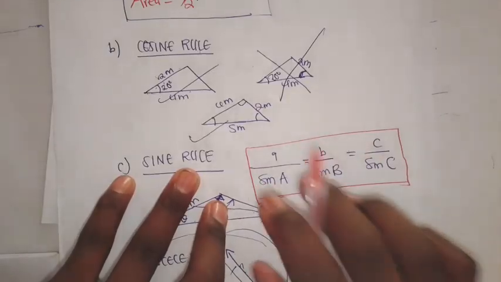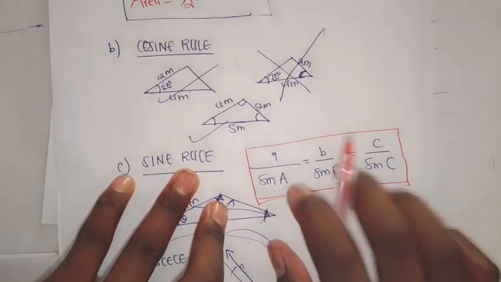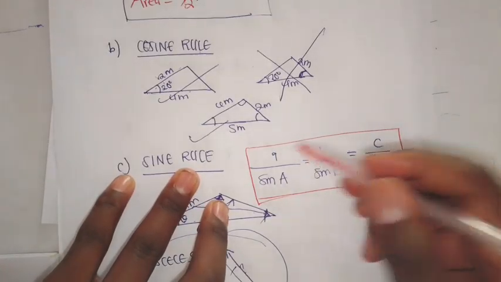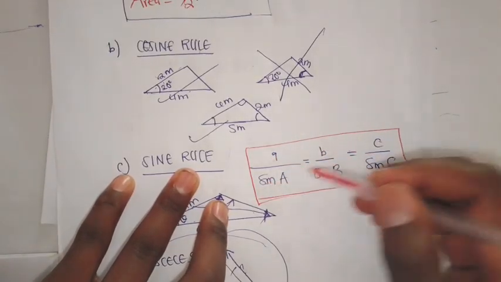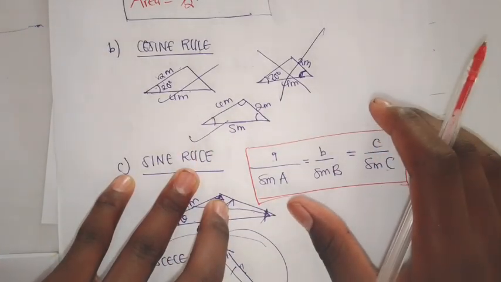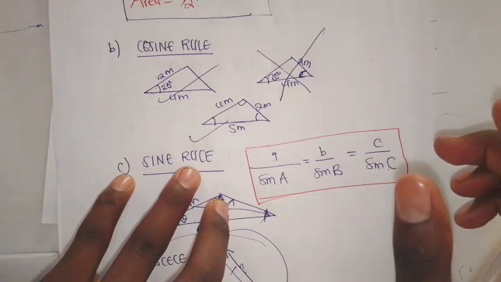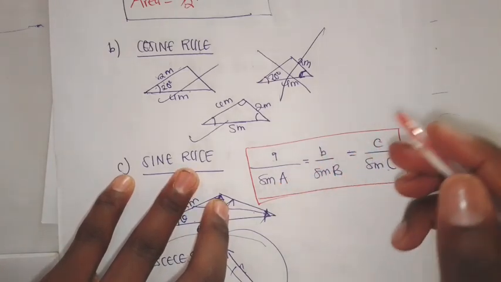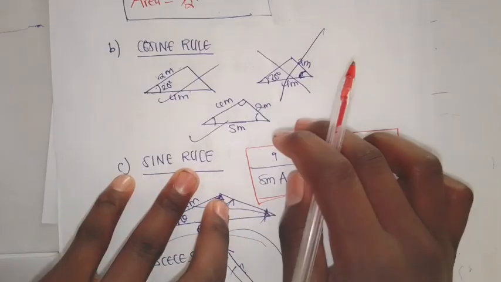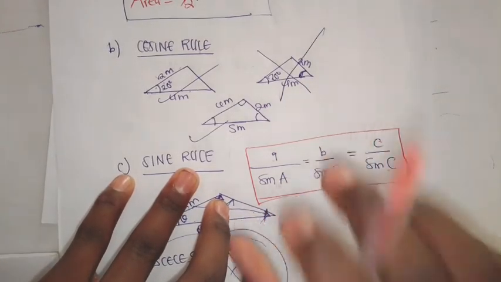Very, very important. Master this one. I think there is nothing to master here. So A, B, C, sine A, sine B, sine C. Nothing is difficult here. So remember, the small letters represent the lengths. Then capital letters represent angles. Take note.